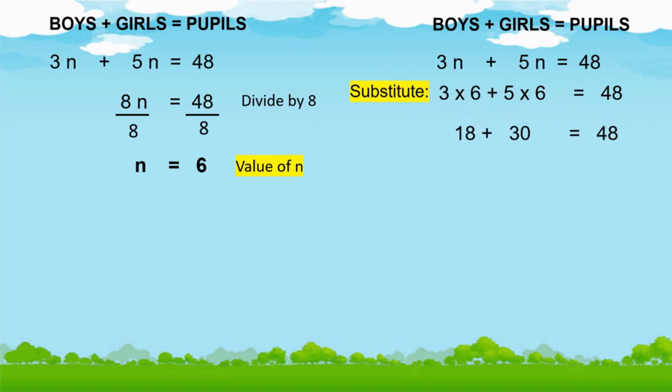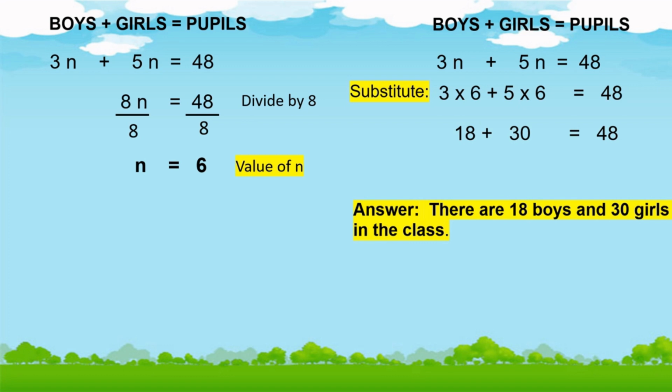Then we have 3 times 6 is equal to 18. 5 times 6 equals 30. And 18 plus 30 is equal to 48. So the answer is there are 18 boys and 30 girls in the class.